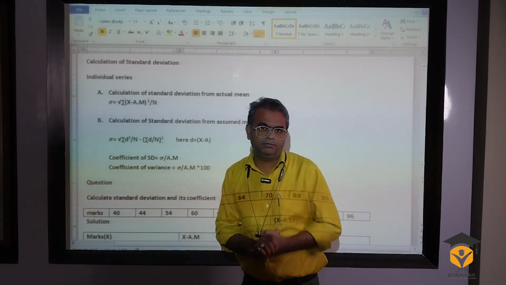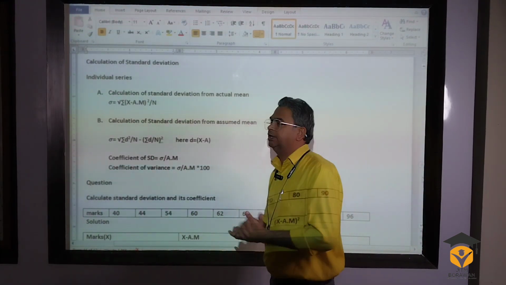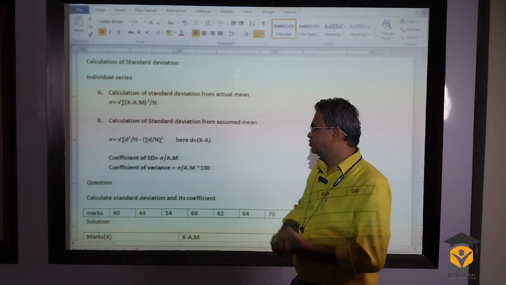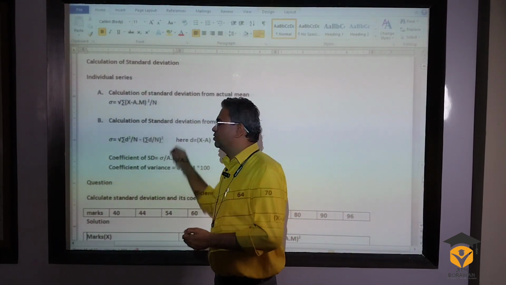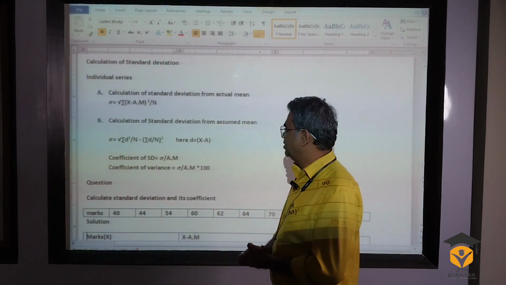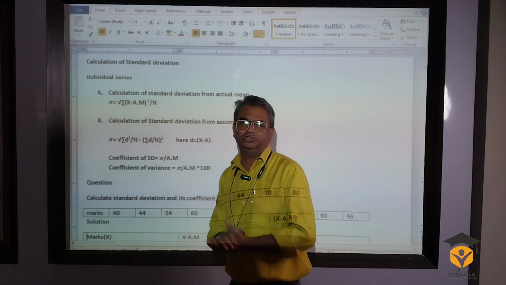But when the arithmetic mean is in decimals, we can go for the assumed mean formula: sigma equals the square root of summation d square by n minus (summation d by n) whole square.